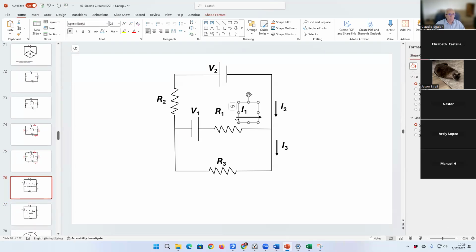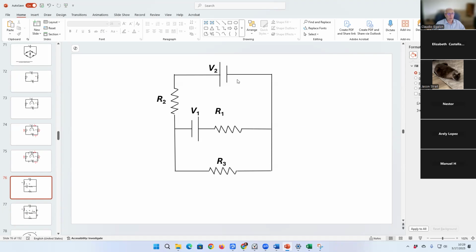And I'm going to erase those currents for now, okay? Like I said, you know V1, V2, and you know R1, R2, R3. Find all the currents in the circuit using Kirchhoff's loop law.